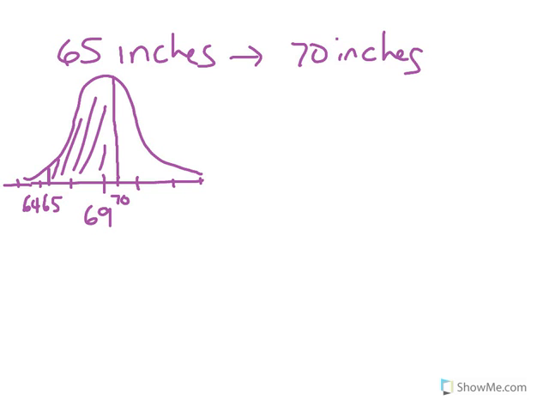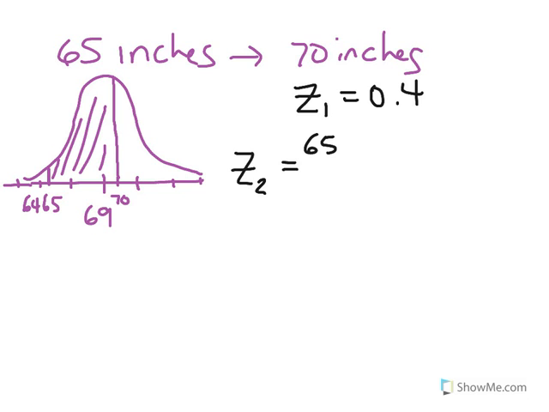So let's see what we can do with this particular problem. First of all, we need to know how these two heights are as standard or z-scores. And the reason I stuck with 70 inches is because we already know the z-score for that. We have already calculated it in the previous question. It was 0.4. So we're not going to calculate that again. Now we're going to have to calculate another one. To keep the z's straight, I'm just going to go ahead and call this one z1, just to keep it straight from the other z, which I'll call z2.